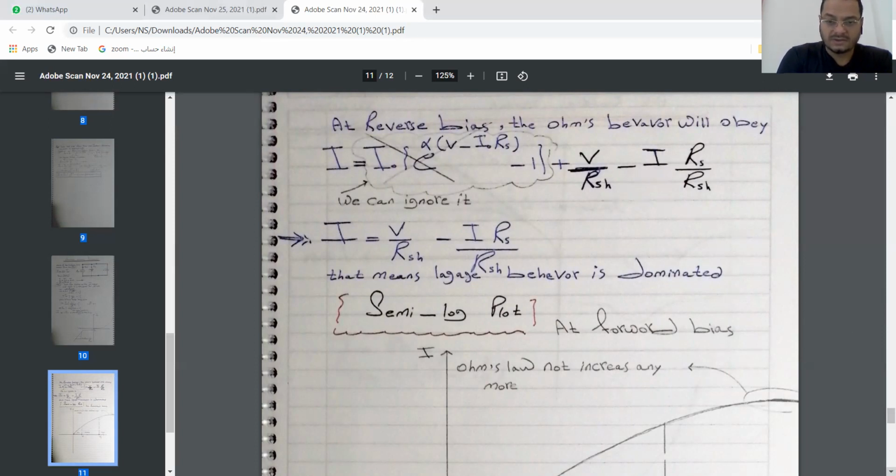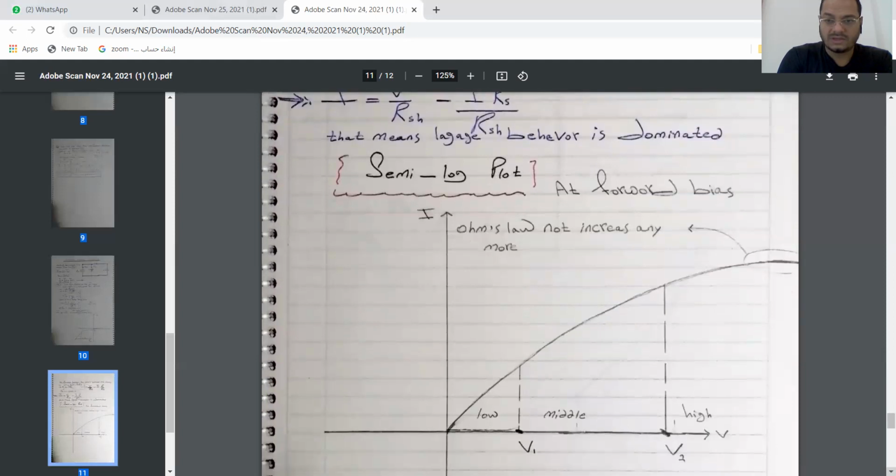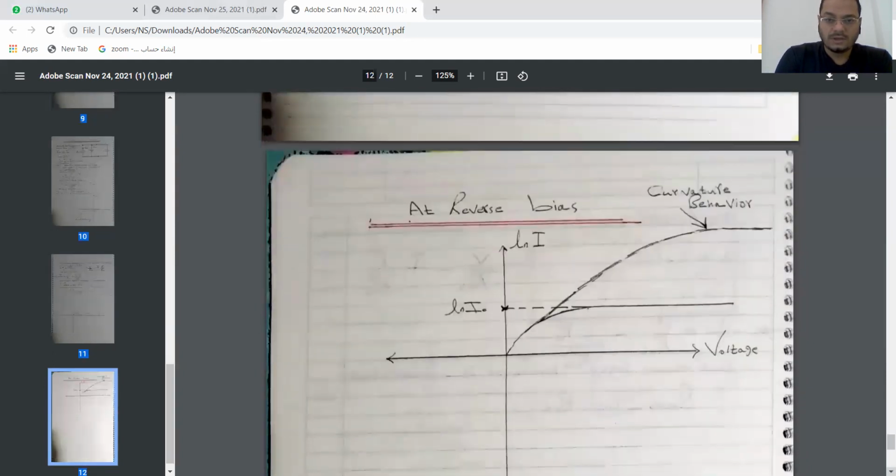Another note: the semilog plot will look like that at forward bias, and we don't deal anymore with Ohm's law. At reverse bias, there is the curvature behavior and the saturation current, the relation between ln I on the y-axis and voltage on the x-axis.